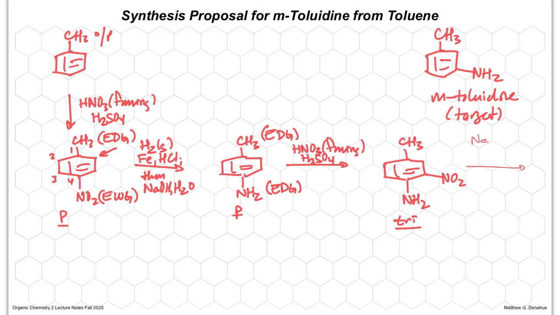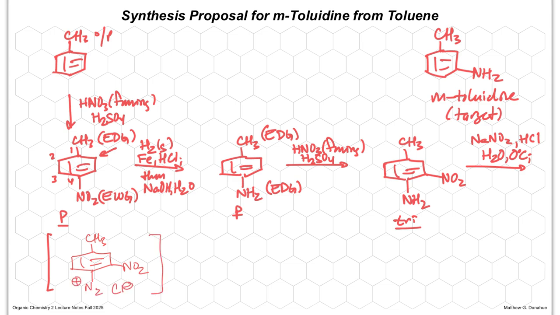So we can treat this with sodium nitrite in the presence of aqueous HCl at 0 degrees. That will generate that diazonium. So it's not touching the nitro, it's just acting on the amino group.